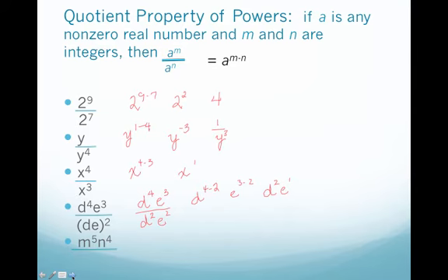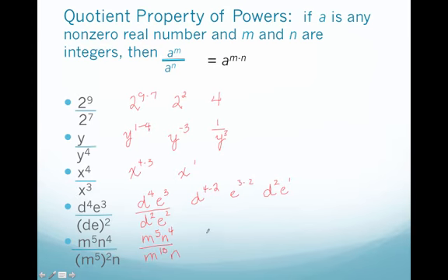And finally, again, I'm going to want to distribute this first. I've got m to the 5th, n to the 4th over m to the 10th. Remember, I need to multiply these times n.